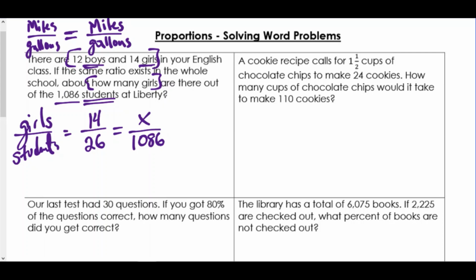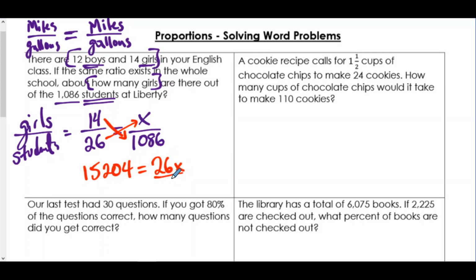So my next step is to cross multiply. Once I have my proportion set up, I want to solve by cross multiplying 14 times 1,086. That's 15,204. And then I cross multiply the other two, 26 times x, and put that on the opposite side of the equal sign, 26x on that side.